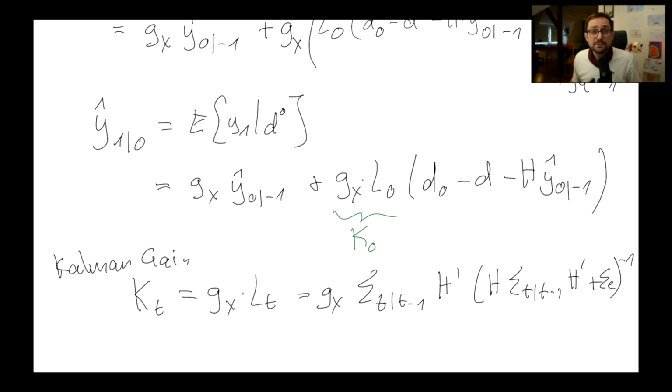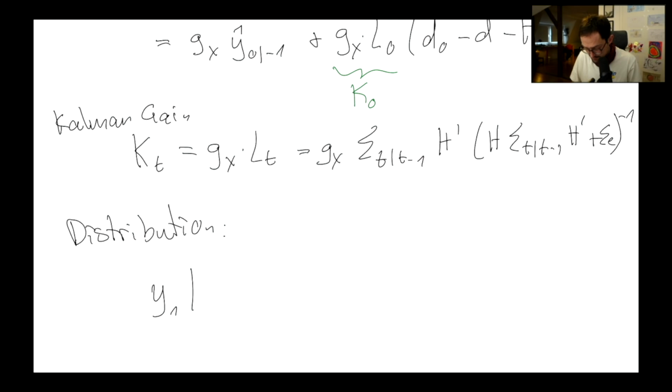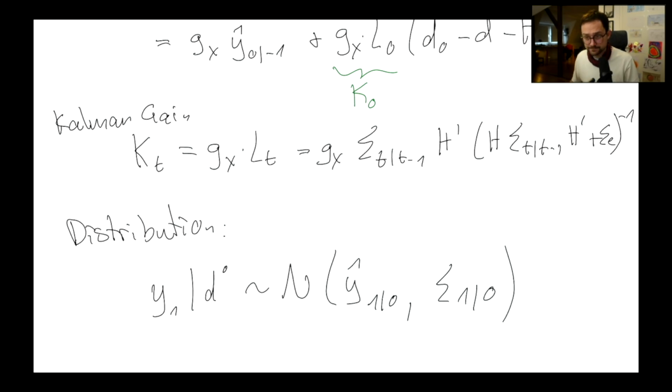Now, so much algebra, you probably don't see the big picture yet, but this actually enables us to have a look now at the full distribution of y1 given d0. That will be normally distributed, y hat 1 given 0, and Sigma y 0.